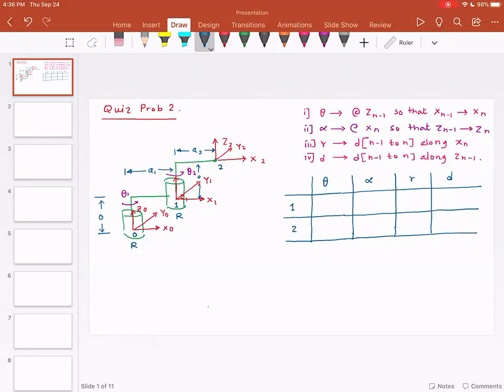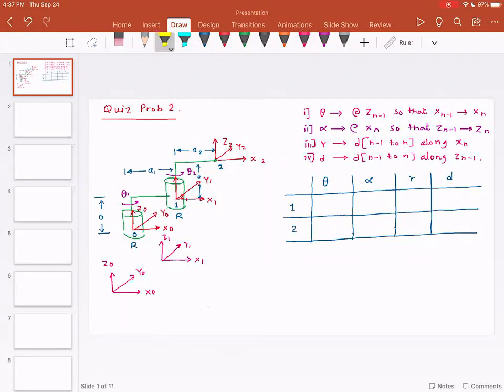So how do we find out theta? Just for this problem, I'm going to draw the coordinate systems separately and show you how to find the values of theta. First, it may be easier to show the coordinate system 0, which is z0, x0, y0, and the second coordinate system x1, y1, and z1. So these two are the coordinate systems. Now theta is the rotation about zn minus 1.